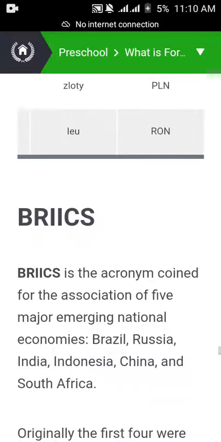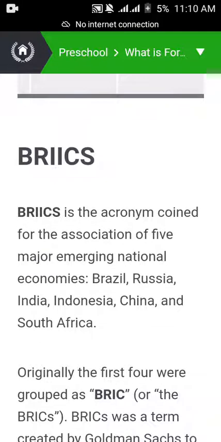We have the BRICS. The BRICS is the acronym coined for the association of major emerging national economies. We have Brazil, Russia, India, Indonesia, China, and South Africa.